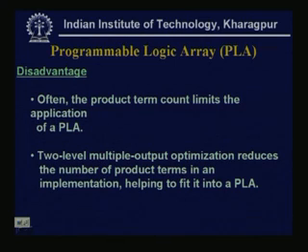So in the first iteration, it may happen that the number of product terms is large, or the type of situation I just mentioned for PROM, that the number of input variables n is very large, but only a few product terms are actually used.